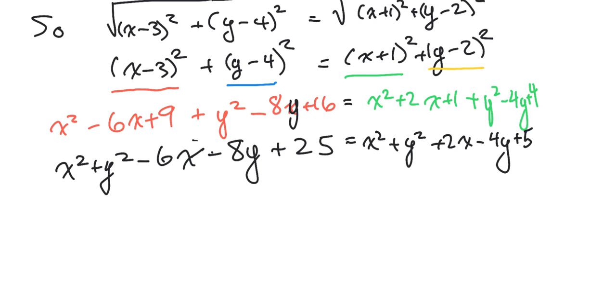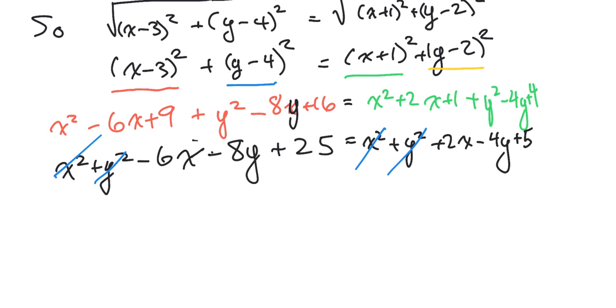So now let's move everything onto one side. You'll notice that if I have an x squared on this side, that cancels with this. There's a y squared, that cancels with this y squared.